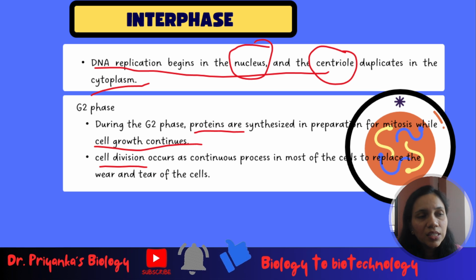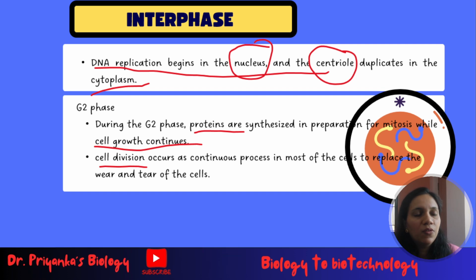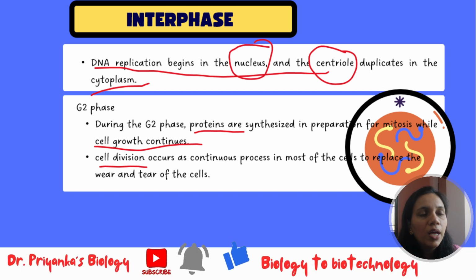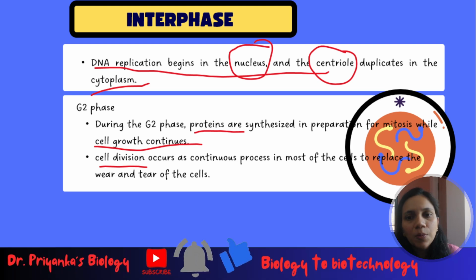Now, why is this cell division required? In order to replace the wear and tear of the cell. We know every day we have dead cells going, but we don't even realize that they are replenished. So many events are occurring in your body.